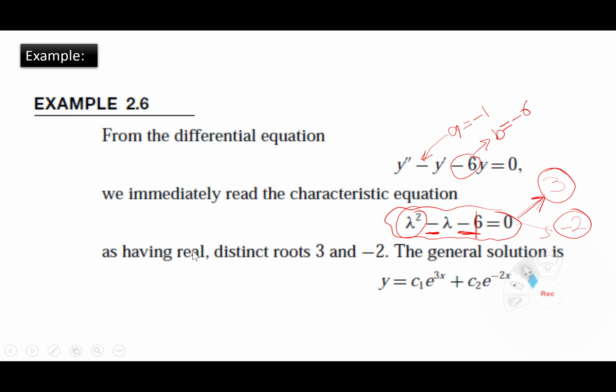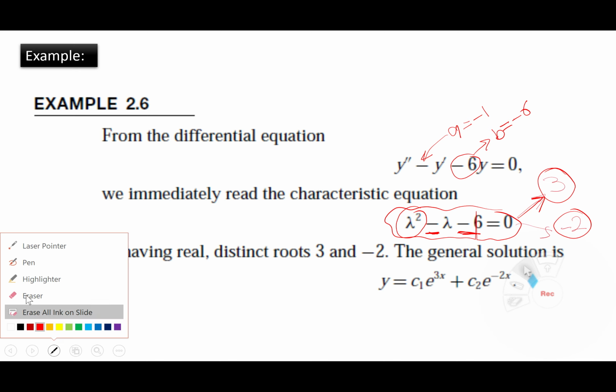So as having real distinct roots, 3 and -2, the general solution is, as you can see here, y equals c1 e to 3x, this is the first root, plus c2 times e to -2x. This is the general solution for us.